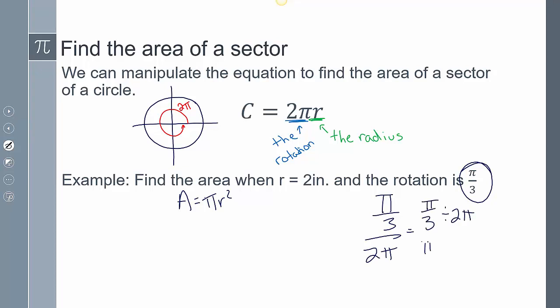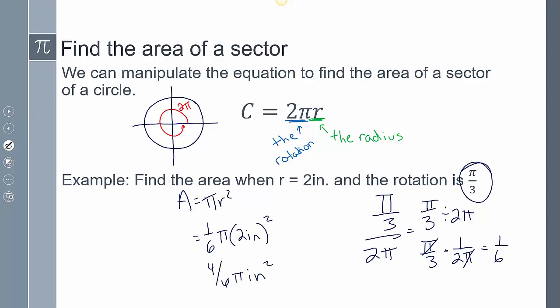Now I have to flip that, so I get pi thirds times 1 over 2 pi. Those are going to cancel out, and I'm going to get 1 over 6. So I'm going to get 1 over 6 times pi times radius squared. And so that's going to give me 4 over 6 pi inches squared, or 2/3 pi inches squared.